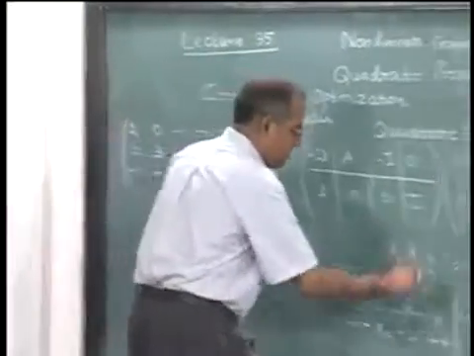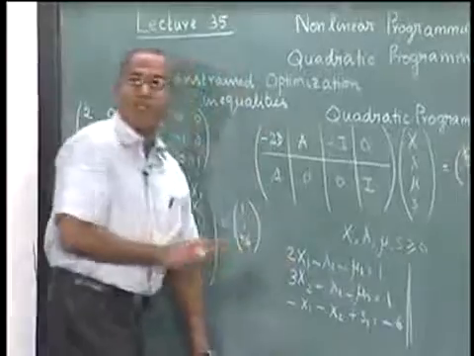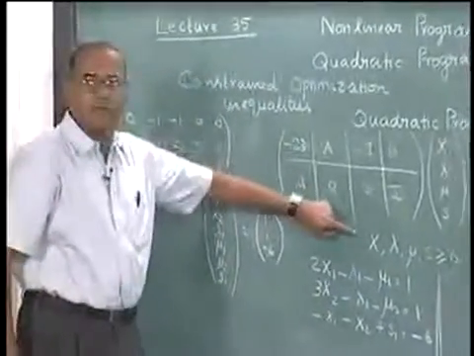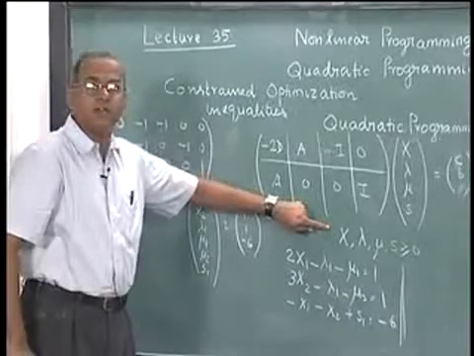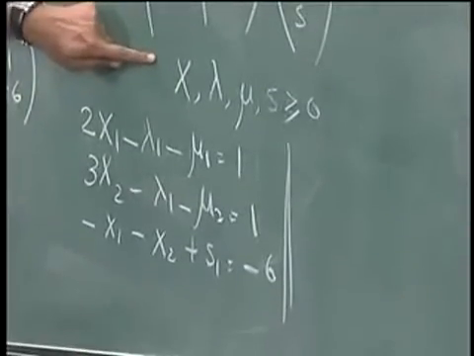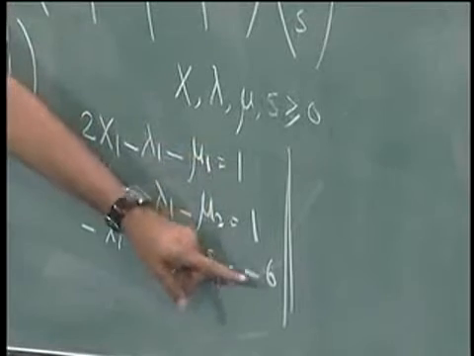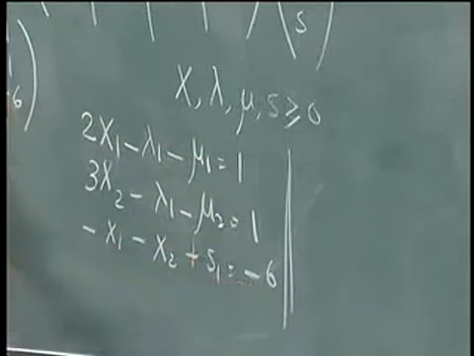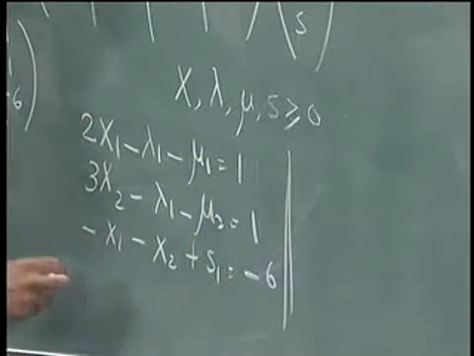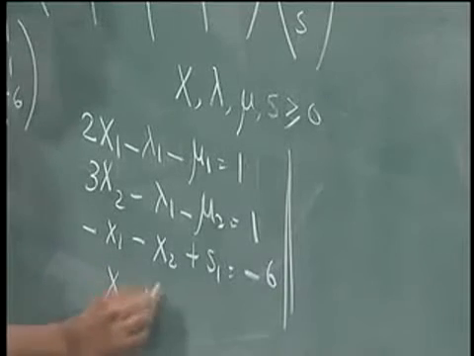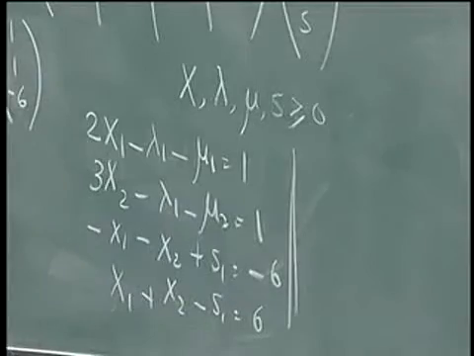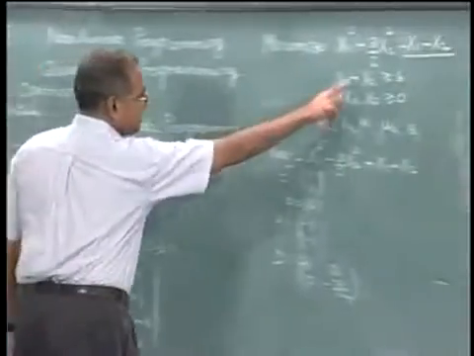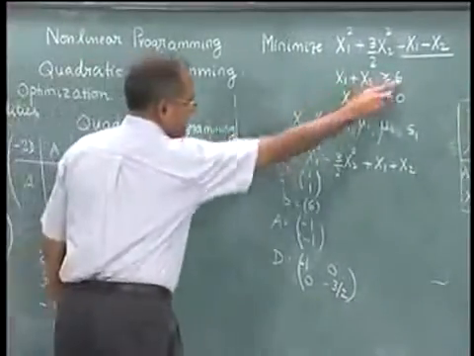Now we also mentioned that this can be solved as a linear programming problem. So the first thing that we have to do, if we were to solve it as a linear programming problem, is to ensure that the right hand side values are non-negative. So this is multiplied again with a minus 1 to get x1 plus x2 minus s1 equal to 6, which comes from this inequality.